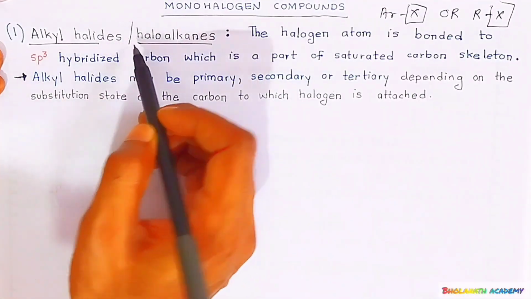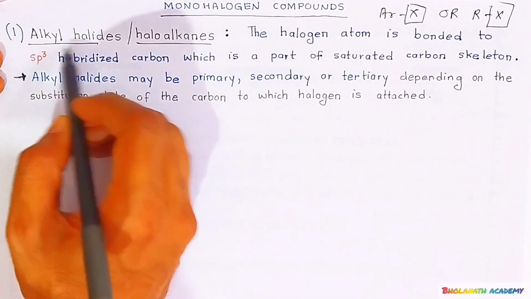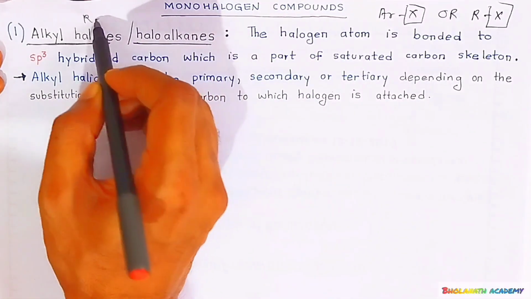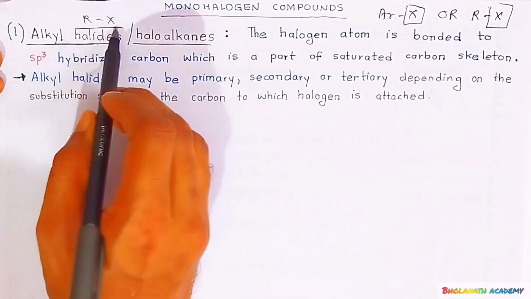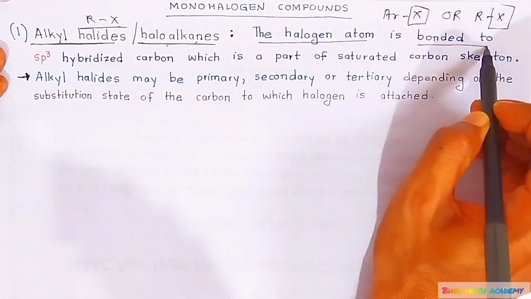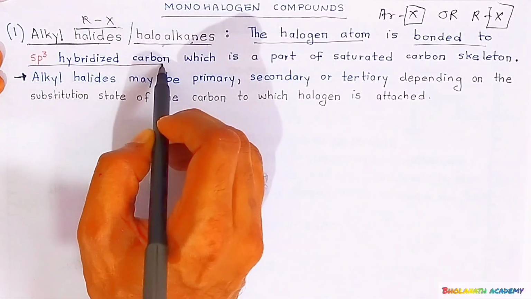Alkyl halide is also called haloalkane. This is the common name, alkyl halide, and this is the haloalkane. So in general we call them haloalkanes or alkyl halides. The halogen atom is bonded to an sp3 hybridized carbon.